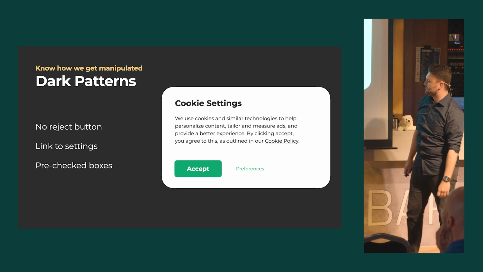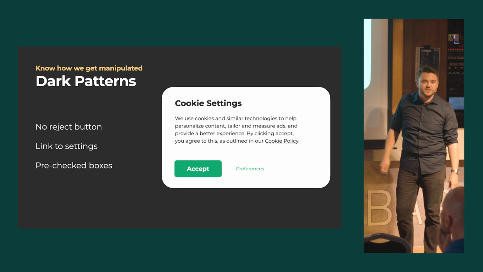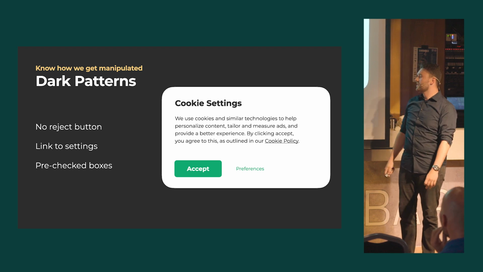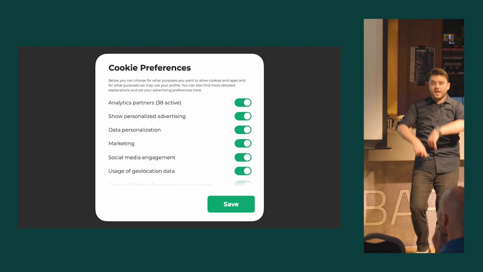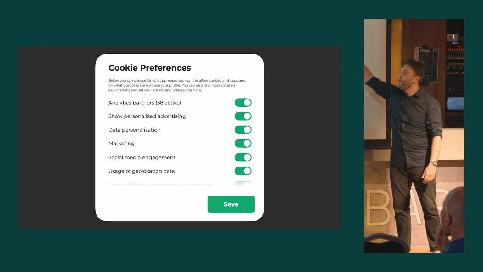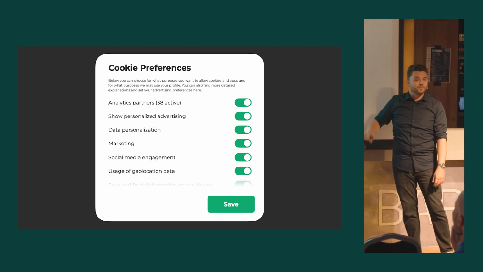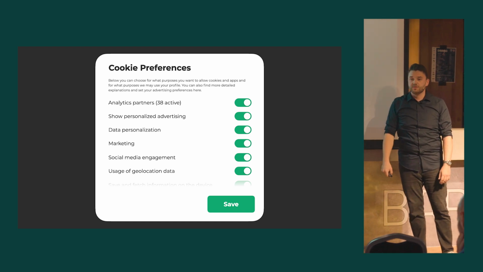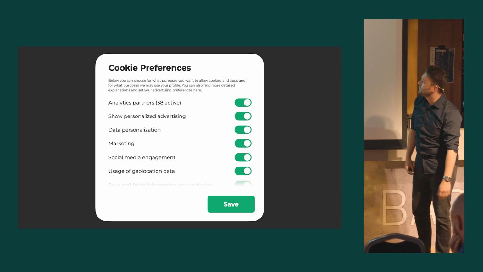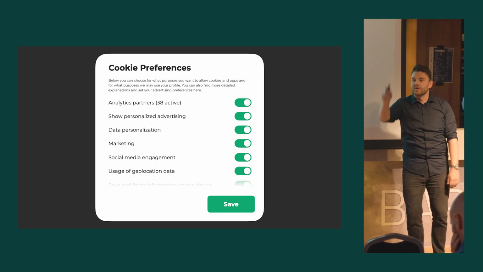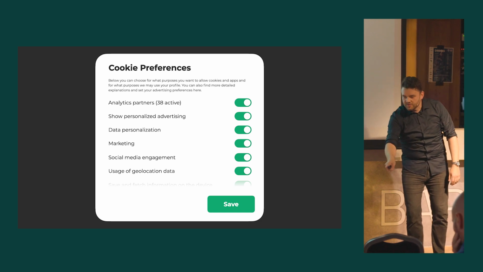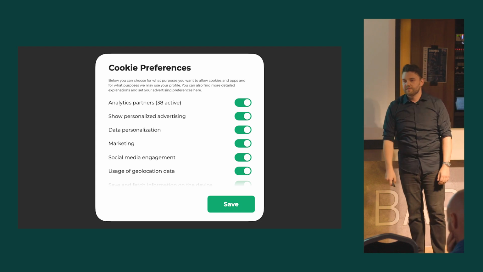Most of them just have a little preferences button, and when you press it, you get a larger settings page with all those different options, with switches or checkboxes already turned on for you. So if you don't want this website to track you, you have to individually tick them all off, and then eventually save.